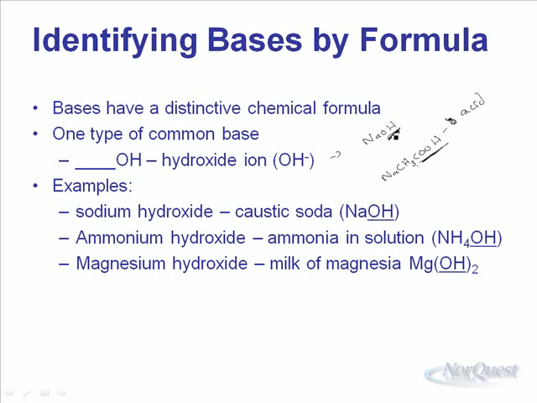So there's a difference between ending with an OH, just an oxygen and a hydrogen, a hydroxide group, and a COOH, which is a carboxyl group. So you've got to look at the whole formula just to make sure you don't make that mistake. Some other examples: ammonium hydroxide, magnesium hydroxide. Ammonium hydroxide is often used as a cleaning solution. But those are some common bases.